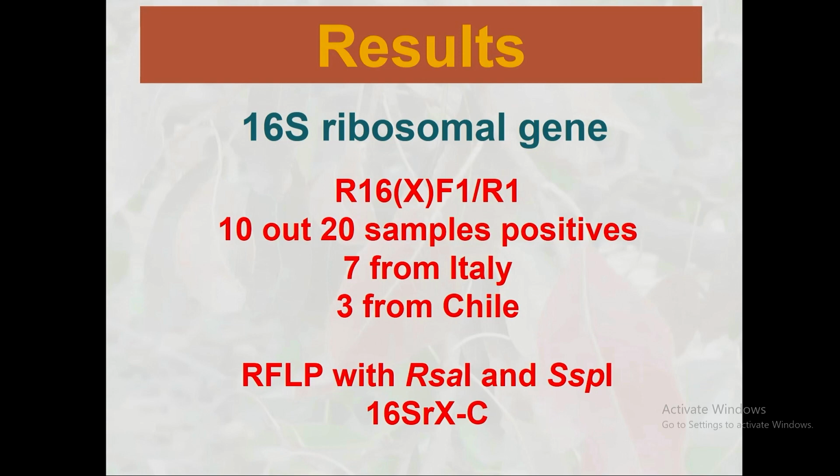We know that despite using a lot of repetition of the sample, we may obtain false negatives, sometimes false positives. In this case, 7 were positive from Italy and 3 from Chile, and we performed the RFLP with these two restriction enzymes, and confirmed the presence of the 16SrX-C subgroup.